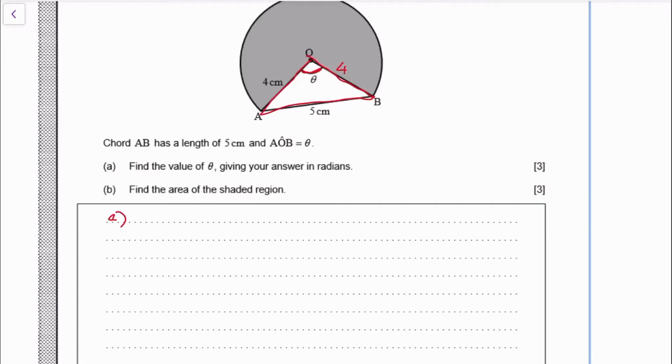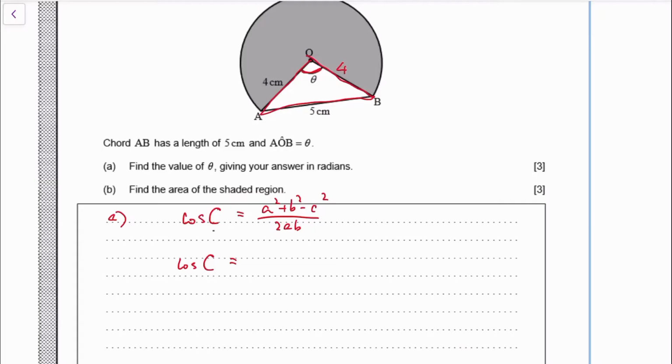There are 2 forms. If you go to the formula booklet, it is this form that is slightly more convenient if you want to find an angle. You can still use the other form. They are really equivalent. They're really the same, but it's slightly easier if you use this form. So you can use any form you like.